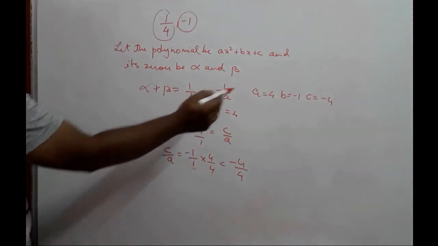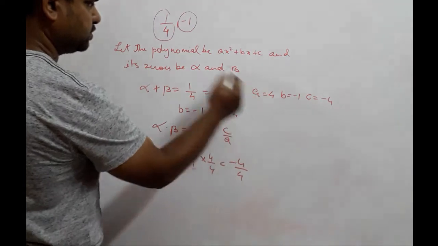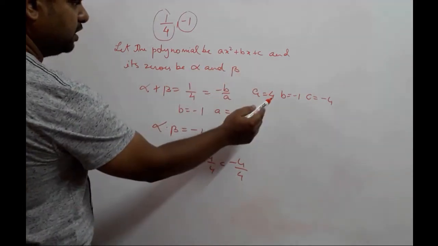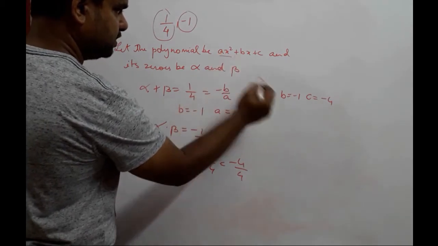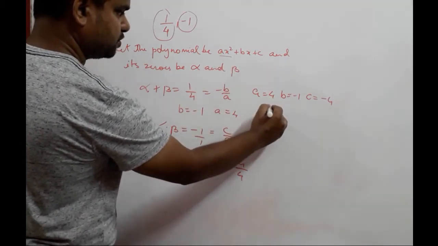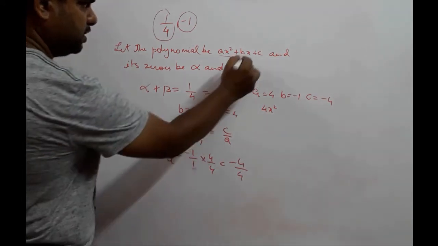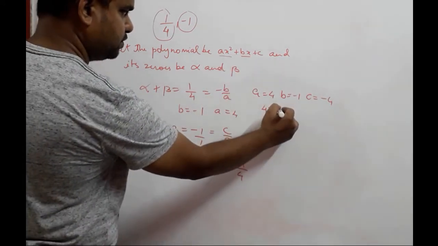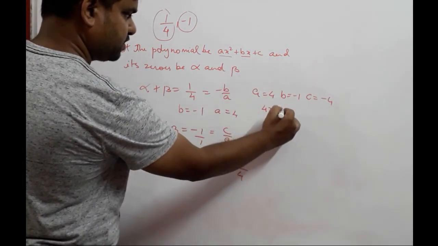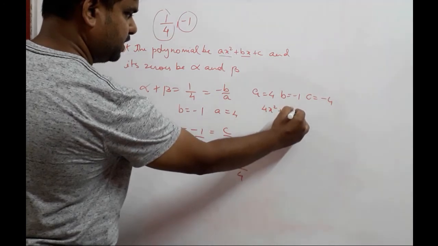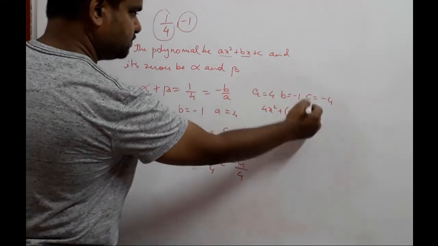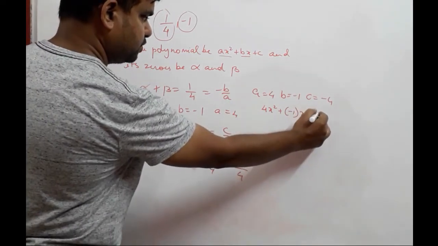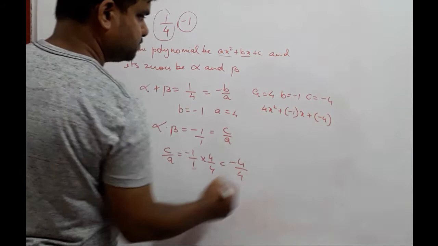So these are the coefficients of this polynomial. If we put this coefficient in place of a, we put 4, so we get 4x square. In place of b we put, so plus, minus 1 x, and in place of c we put minus 4.